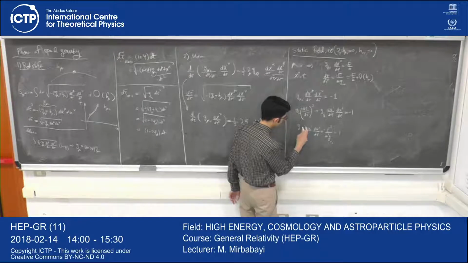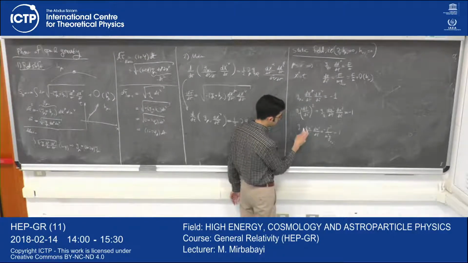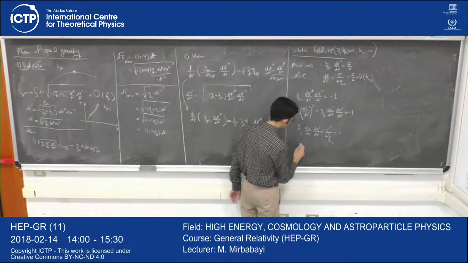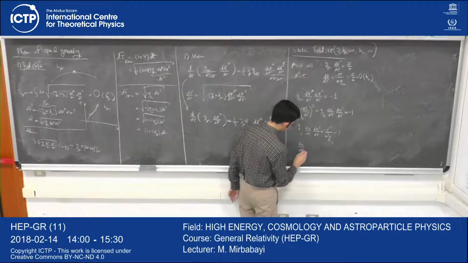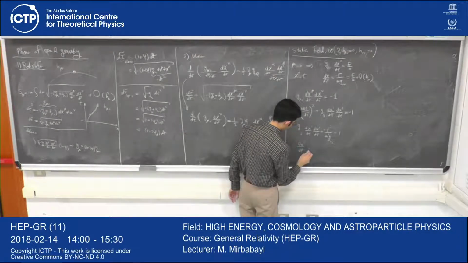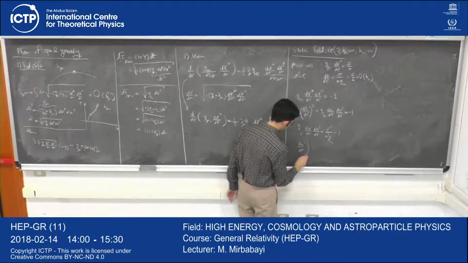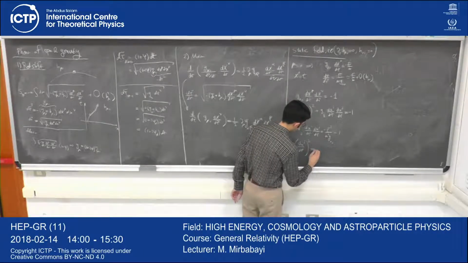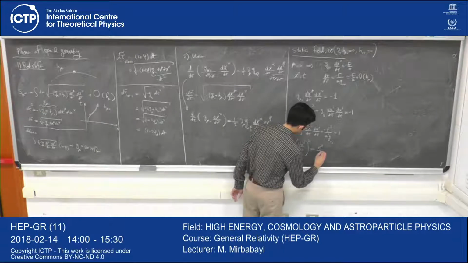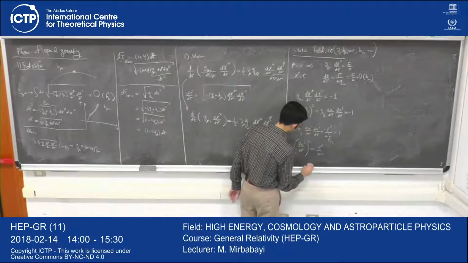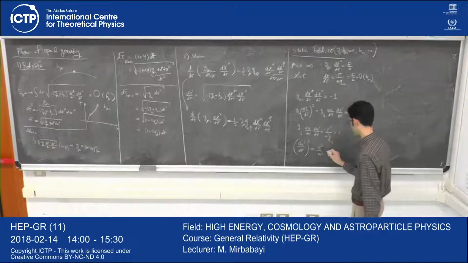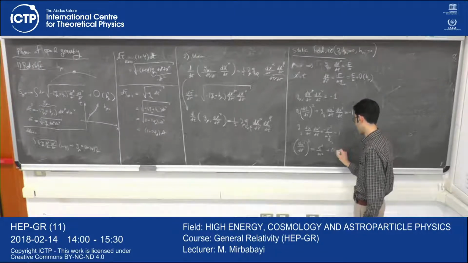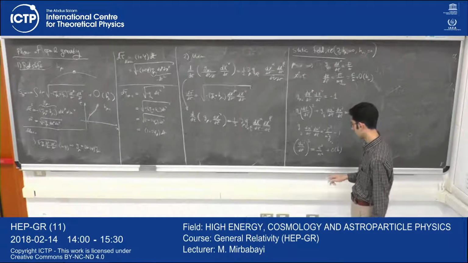So what happens is that this dxi over d tau tilde squared becomes E squared over M squared plus order h correction.